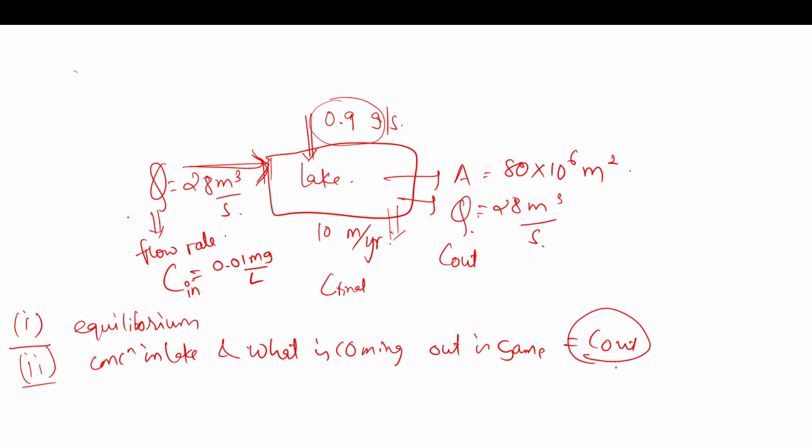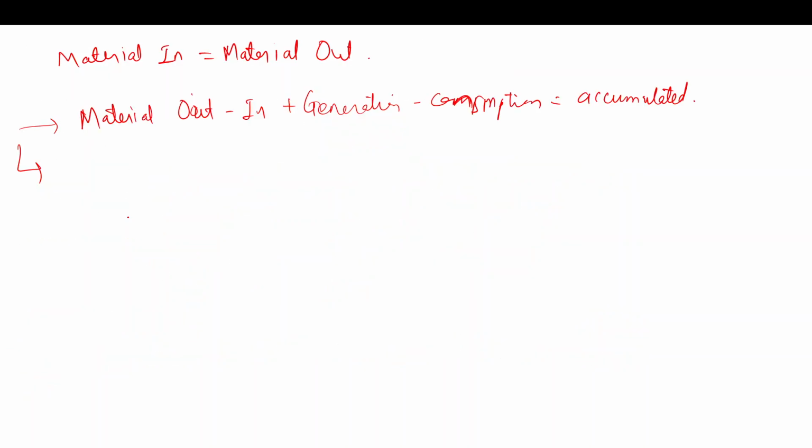Generation does not take place, and also consumption, because no reaction is occurring. So there will be an in term, there will be an out term also, and there will be an accumulation term also.